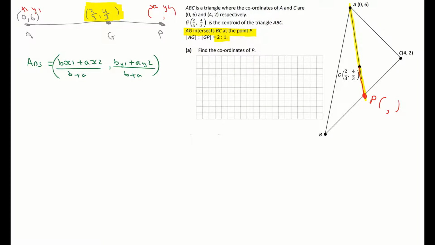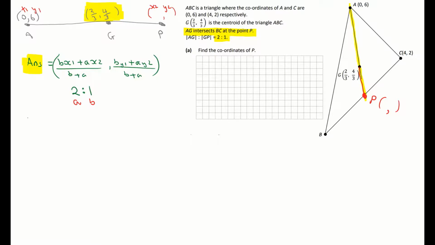I then have my answer, G, in the center. I also know it's in the ratio of 2 is to 1, and according to the log tables, that is in the ratio A is to B. What I'm putting outside of the coordinate is my answer, 2 over 3, 4 over 3. So let's fill that in.